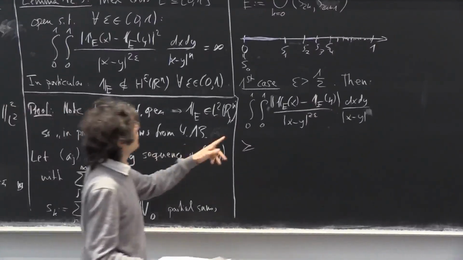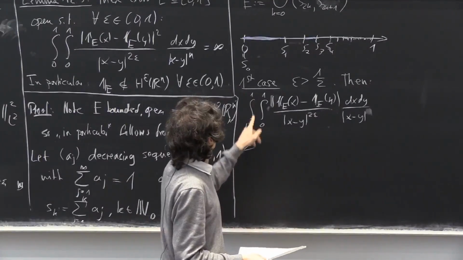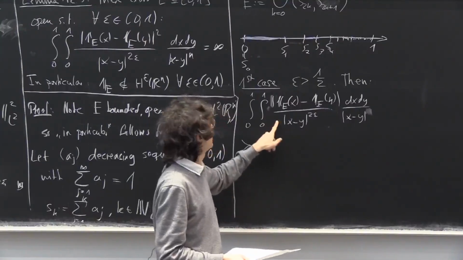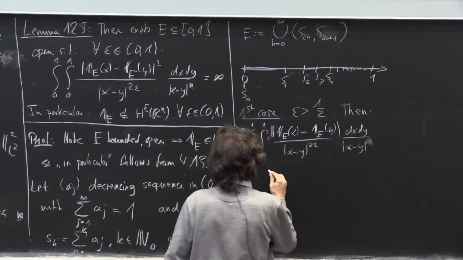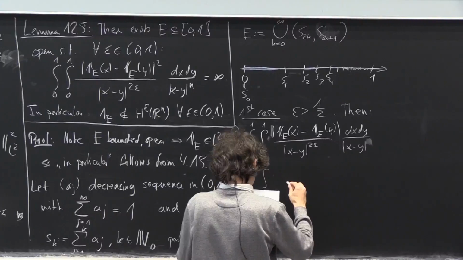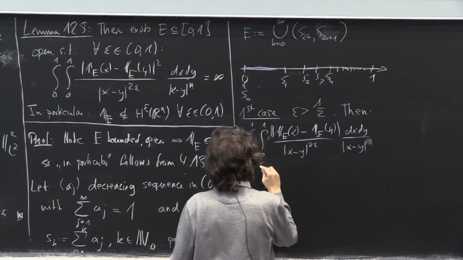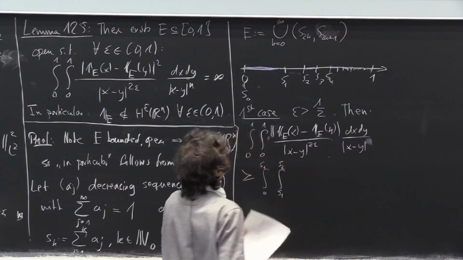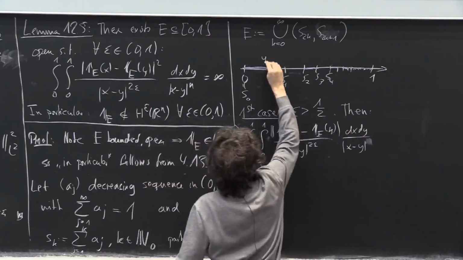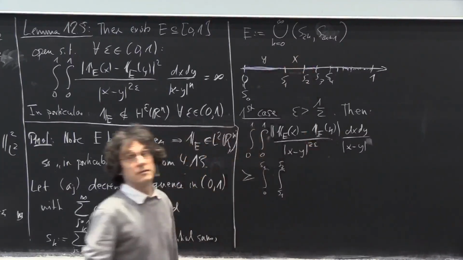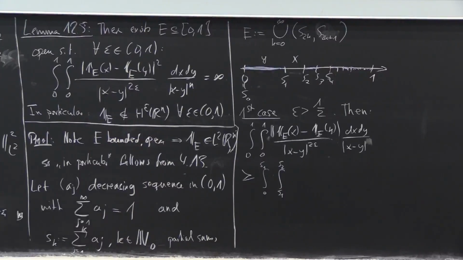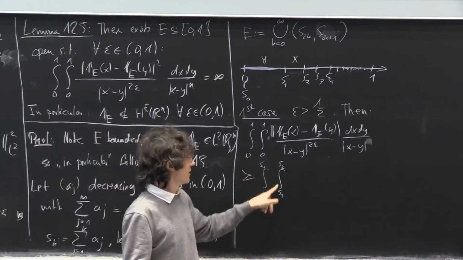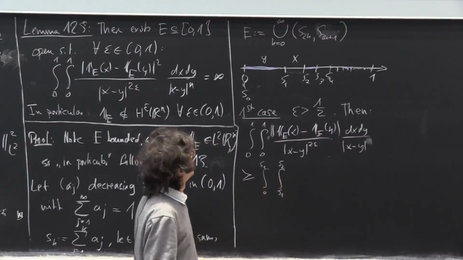And we do a rather crude estimate. We have to look at all pairs of x and y. For x and y both between 0 and 1, the integrands are all positive. So if I restrict to y being from 0 to S1 and x being from the interval S1 to S2, so I take the y here, I take the x here, this is less, because here there's much more integrated than only these two intervals.